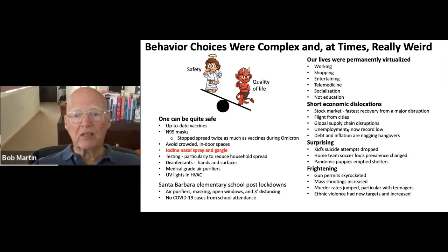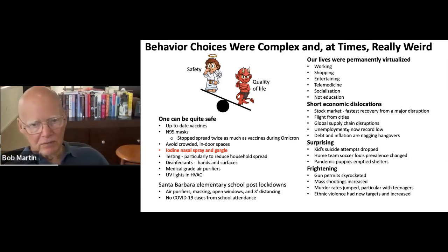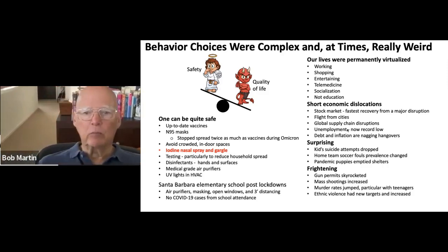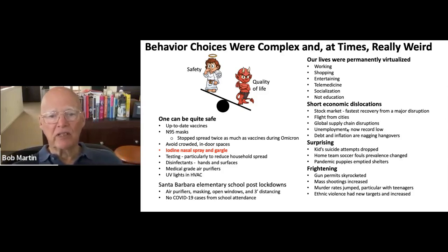I wouldn't have guessed that. Home team soccer advantage changed because they didn't have the home team fans saying they're going to lynch the referee. 20% of US people got a pandemic puppy. The return rates were the same as before, though interestingly, they didn't change loneliness.